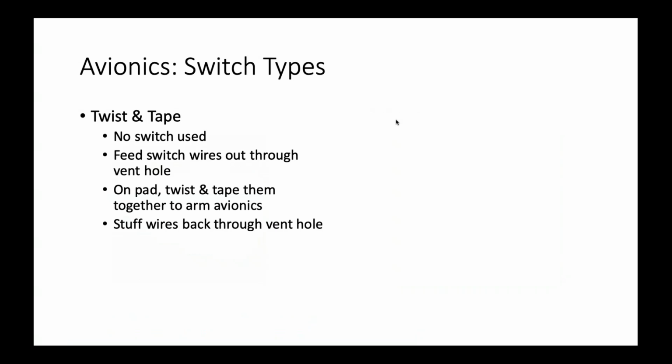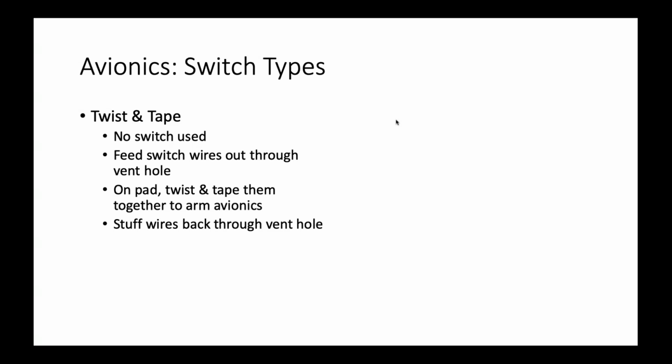And then one other I wanted to go over, if you have a switch that fails, or you can plan this beforehand, is twist and tape. You take the two wires that you would have previously used for a switch and thread them out your vent hole so that you can access them on the outside.